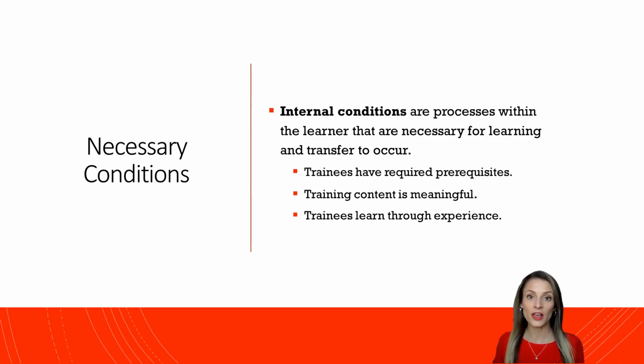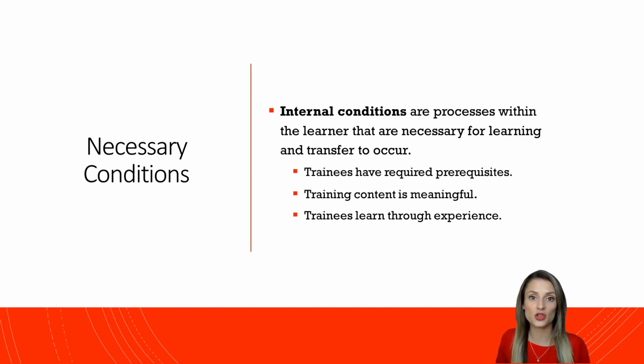A number of internal and external conditions are necessary for trainees to be able to learn and apply what they learn to the job. Internal conditions are processes within the learner and can include things like how information is processed, how it is stored in memory, and how it can be recalled.